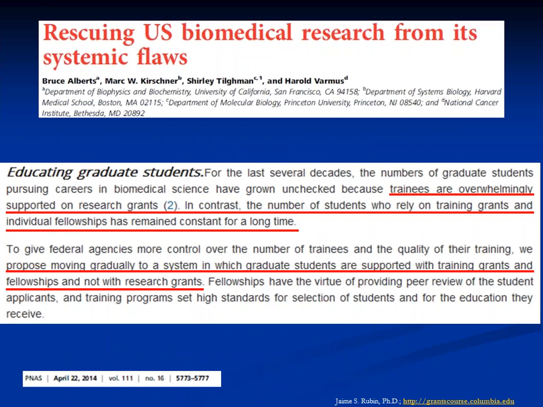So one of the things to mention is nationally, a lot of thought leaders and government agencies and leadership are looking at the support of graduate students and what are the best ways to support graduate students. As some of you may know, a lot of graduate students are supported not through individual fellowships, but through their mentors' research grants.